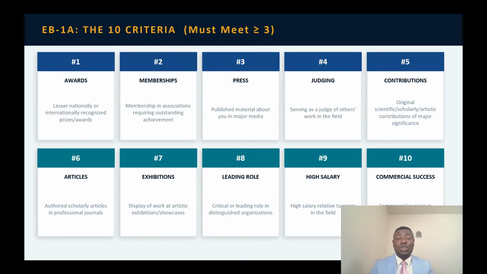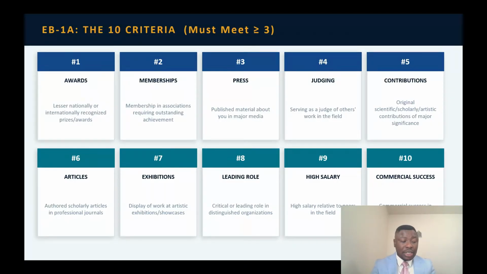However, there are some associations where you need to show proof of extraordinary and outstanding achievements to become a member, or to become a fellow of that association. If you belong to such associations, then you can claim criterion 2, that is membership.